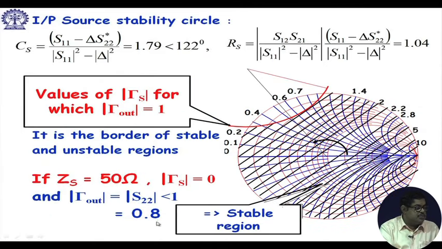So, I know that the portion of the Smith chart that is containing the center is the stable region. We have marked the stable region with this black shading and this is the unstable region. So, I will have to choose the gamma s from here.